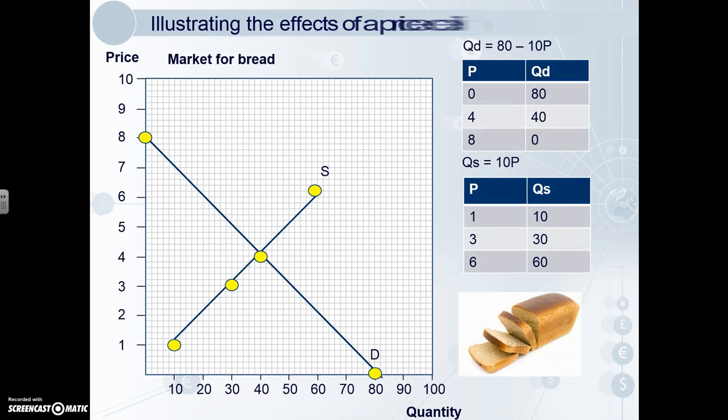Next we illustrate it. You know how to do the curves by now, so I'm not going to go through that. Just add in the horizontal price ceiling line at $2 and simple. Now we will have to illustrate some other effects. Nothing too difficult.